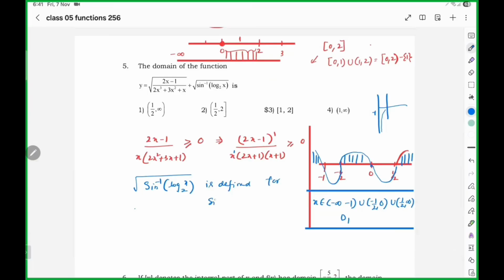For sine inverse, log x to the base 2 must be greater than or equal to 0. Sine inverse range is from minus pi by 2 to pi by 2. So it is greater than 0, the maximum value will be pi by 2.